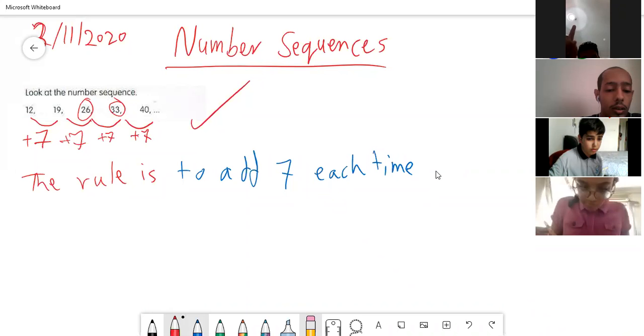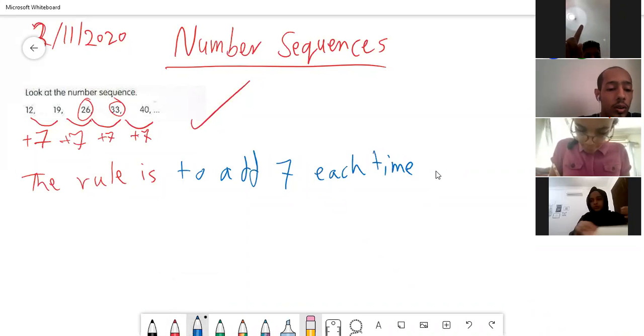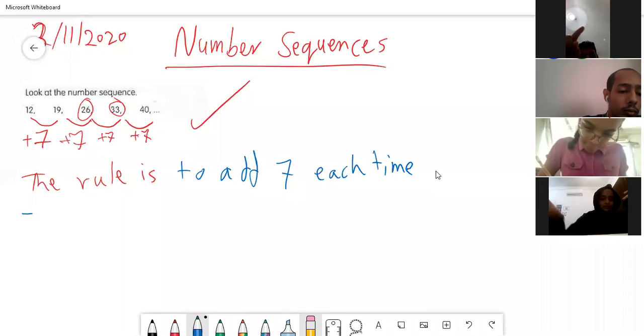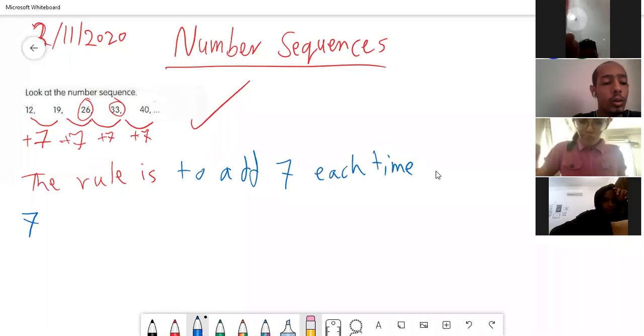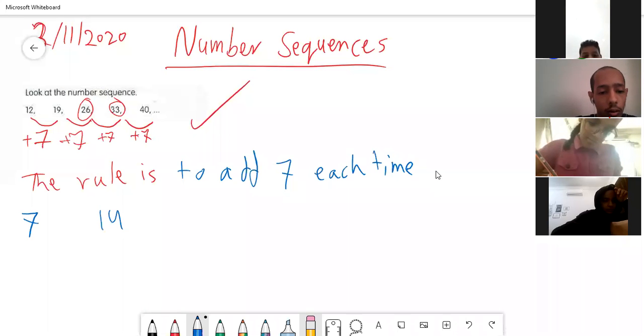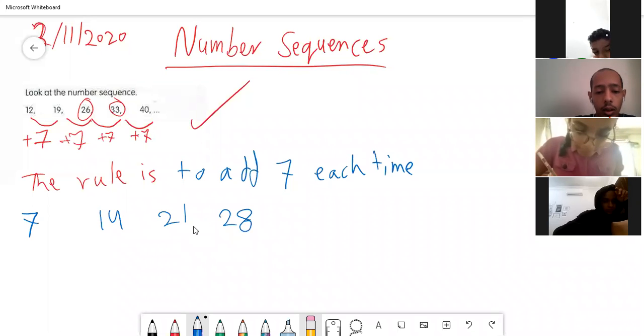What if we start with 7? So 7, what are the multiples of 7? 14, then 21, then 28, then 35, and so on, right?